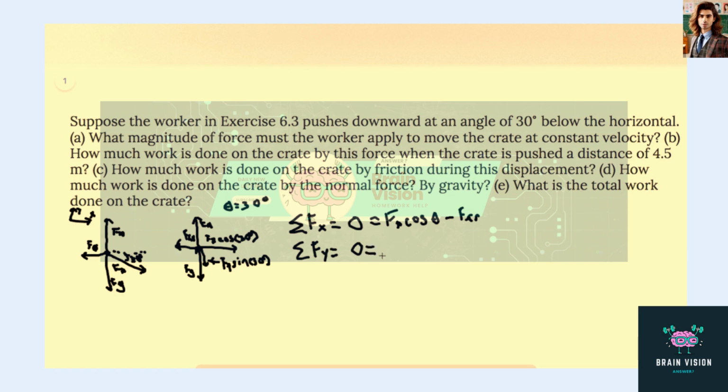And in the y direction, we have the positive y direction, the normal force, and in the negative y direction, we have the gravitational force and the y component of the pushing force.